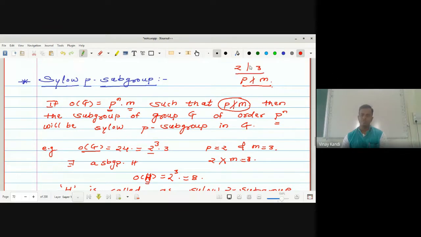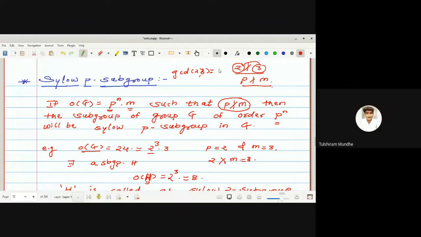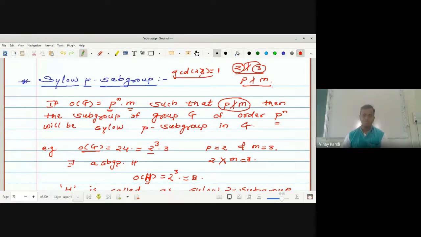That means the GCD of 2 and 3 is 1, so from this m we cannot take out the factor p. Is it correct?